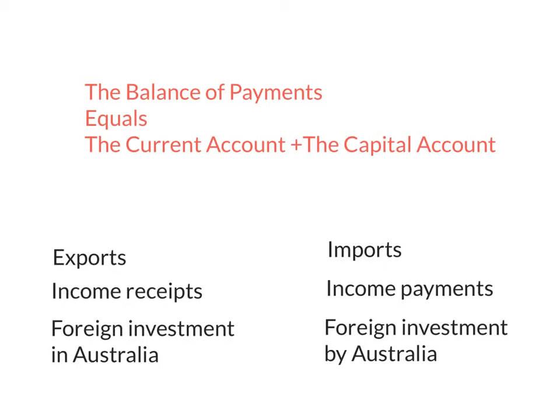Now for our final definition, and that's going to be the balance of payments. The balance of payments simply equals the current account plus the capital account. But let's think about that for a minute.